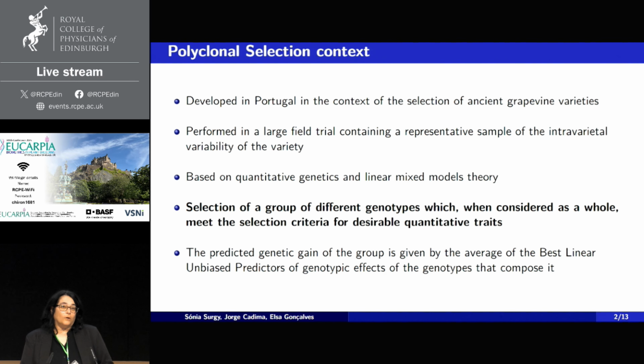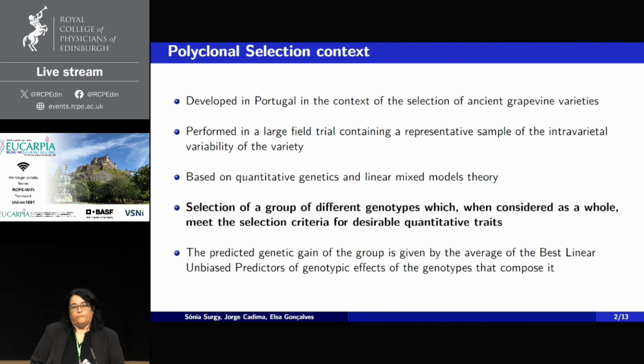So, what is polyclonal selection? It was developed in Portugal as part of a methodology to preserve and improve grapevine varieties, and is performed over a large field trial with a representative sample of the intravarietal variability of the variety, and based on quantitative genetics and linear mixed models theory.